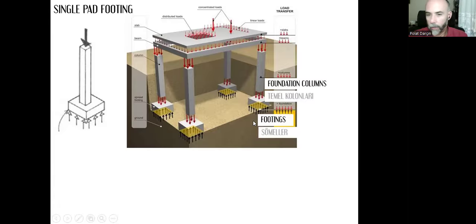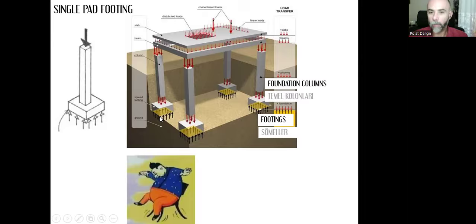And they need to end in footings. And these footings can be separated like that. Each foundation column will end with its own footing. That it will be a single pad footing. However, as we apply the loads, we should always keep in mind that there is this risk of separation, like that.